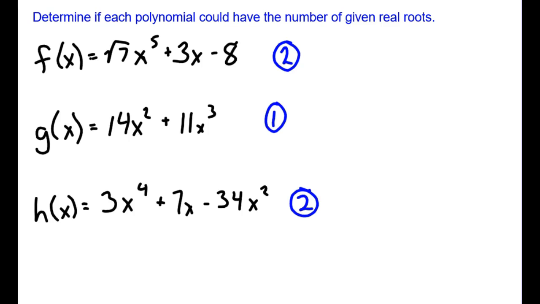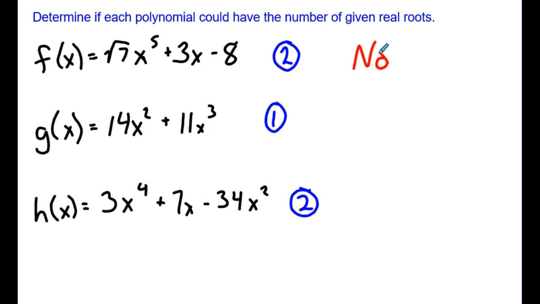Well, if you had exactly 2 real roots, that would mean you have 3 imaginary, and you can't have an odd number of imaginary roots because they occur in conjugate pairs. So the answer would be no. It is not possible to have an odd number of imaginary roots.